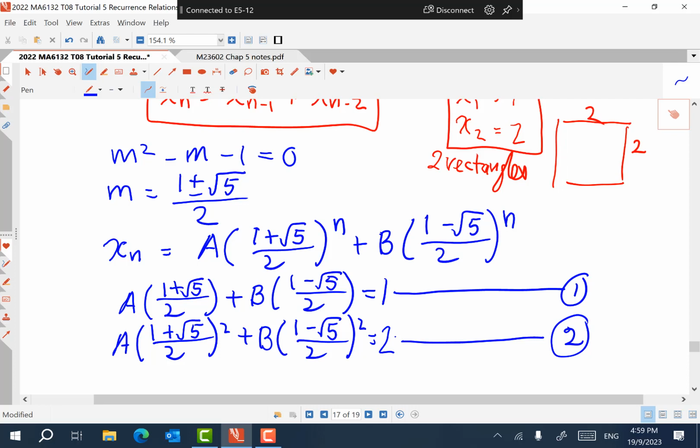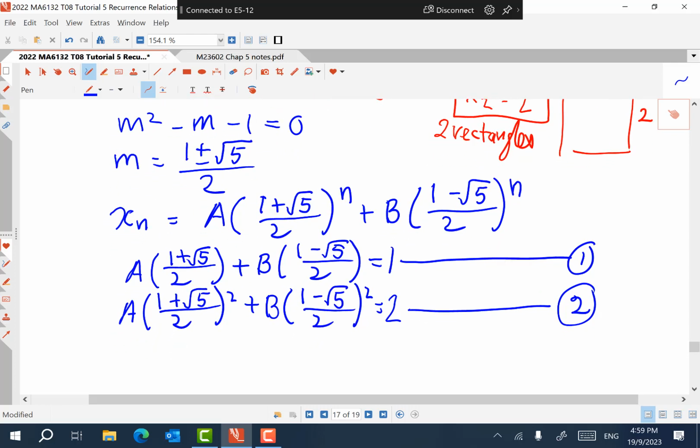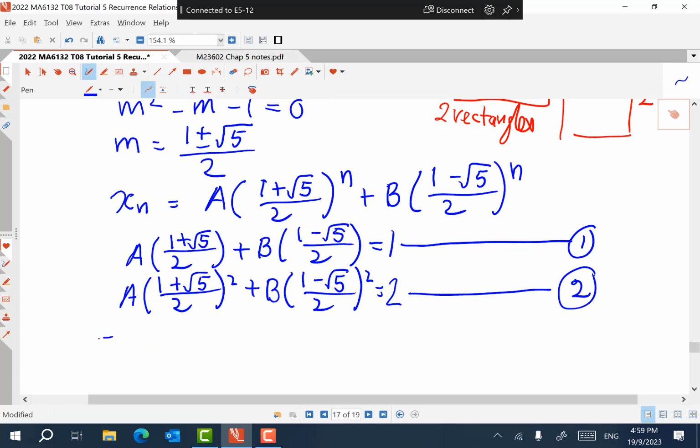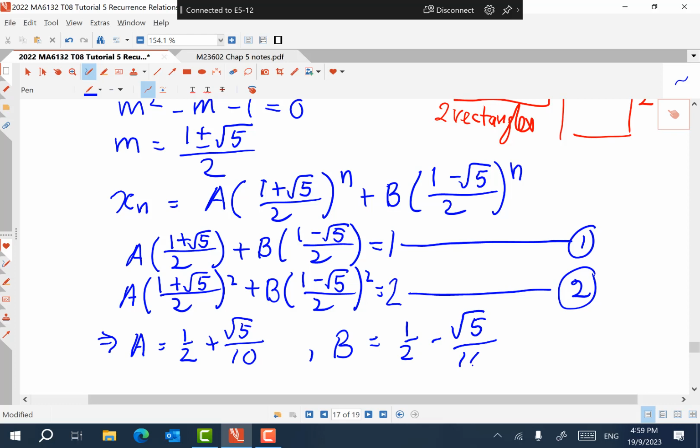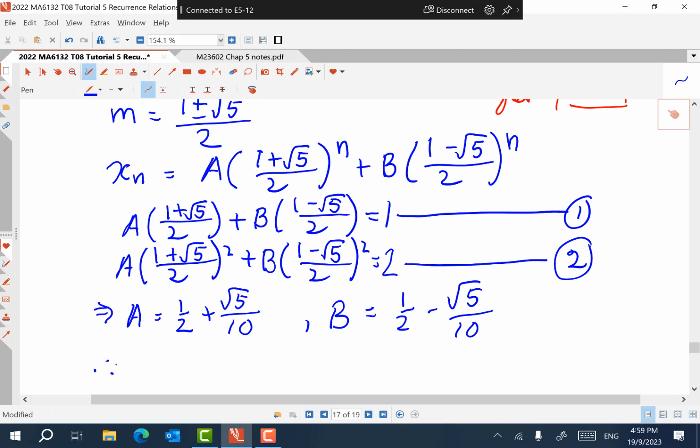Okay, so you solve them simultaneously. Your A will not be this, no? And therefore, your xn is equal to this.